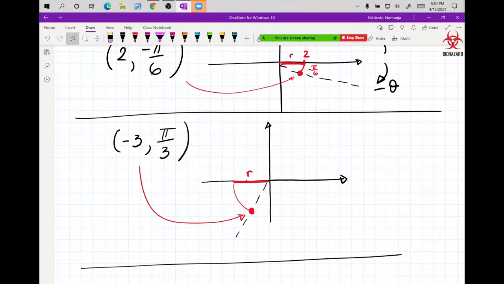And we said you take full revolutions away, and then once all the full revolutions are away, then you focus on getting the leftover angle into the first quadrant, which would be the reference angle. So now, if you go a couple of times around the circle and you end up at the same dot, you still have the same polar coordinates for it. And it doesn't matter that you went around 5 times.